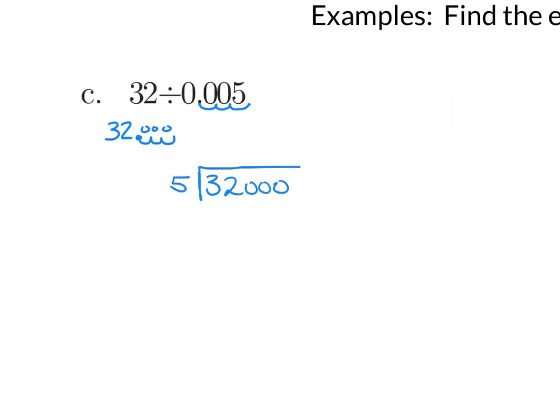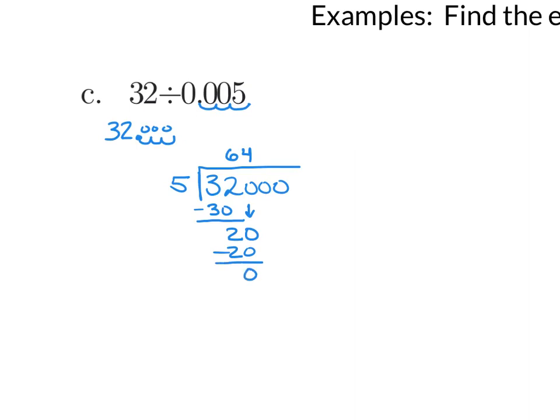So we divide. 5 goes into 32 6 times. 6 times 5 is 30. Subtract, we get 2. I bring down my 0. 5 goes into 20 4 times. 4 times 5 is 20. Subtract, we get zeros.